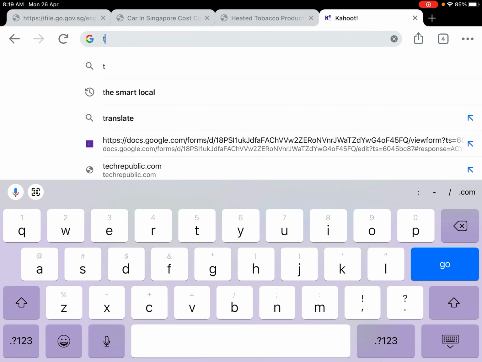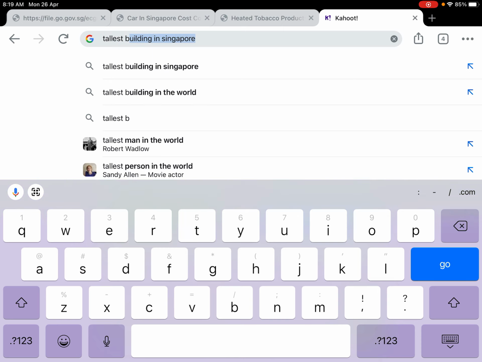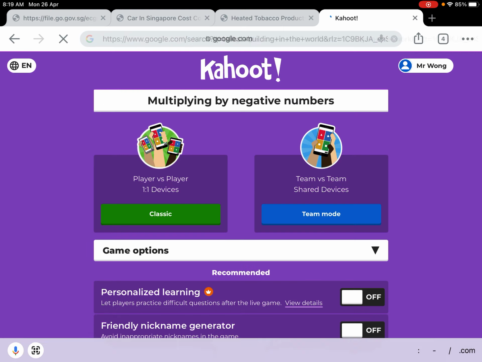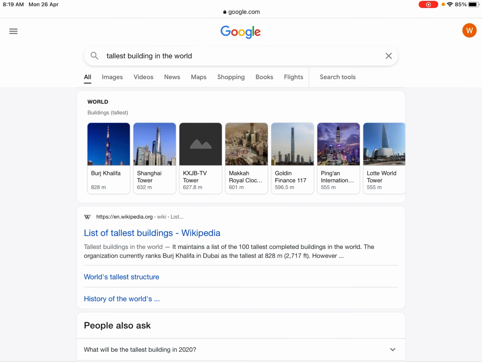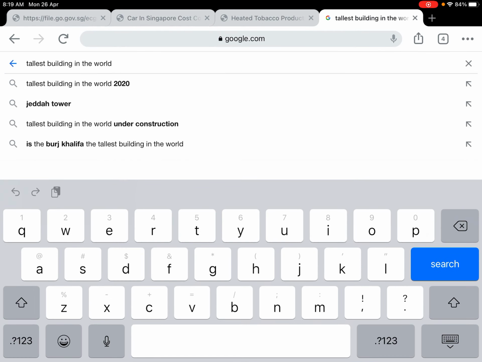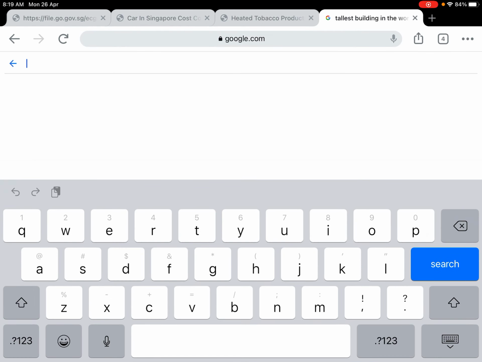Let's see. Tallest building in the world. The tallest building in the world is 828 meters tall. As you go out towards space, the different regions, the most outer one is called what?